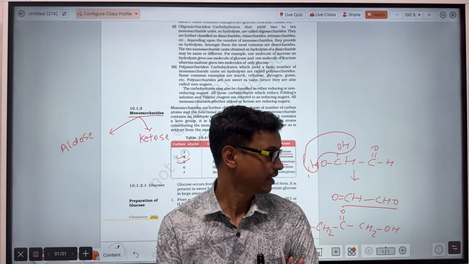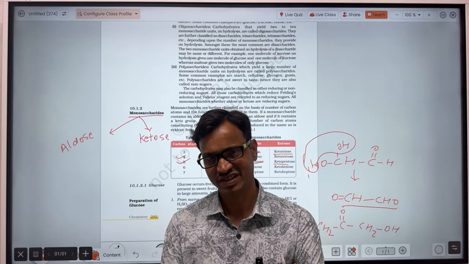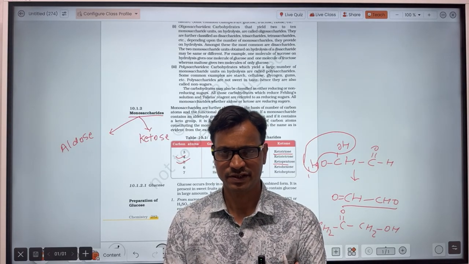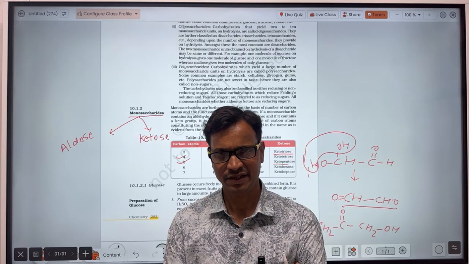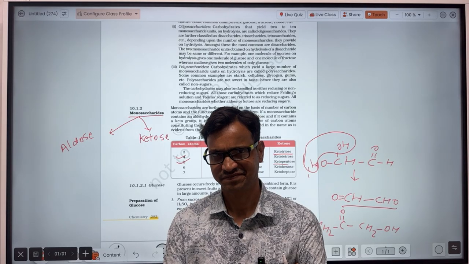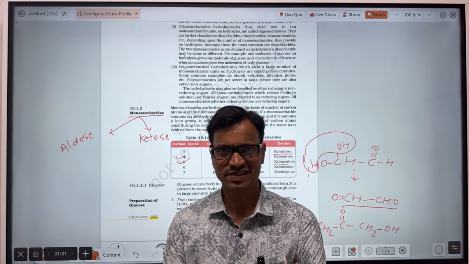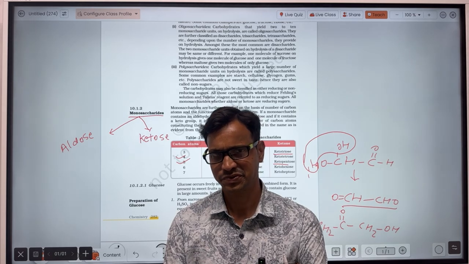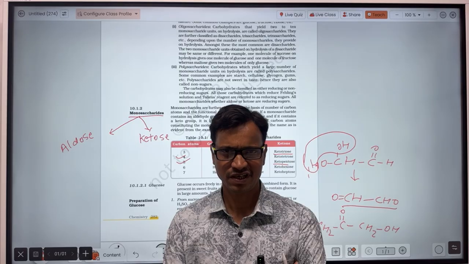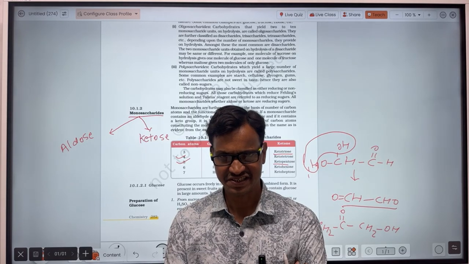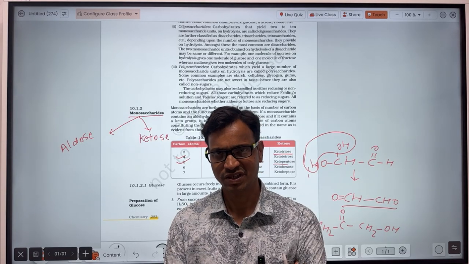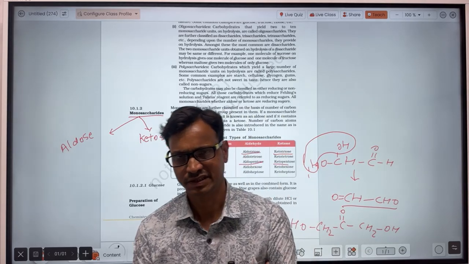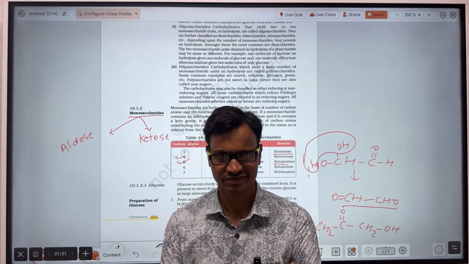Now, carbohydrates are also classified into reducing sugar and non-reducing sugar. Reducing sugars are the sugars which reduce Tollens reagent or Fehling solution. We have studied this in the case of aldehyde and ketone.